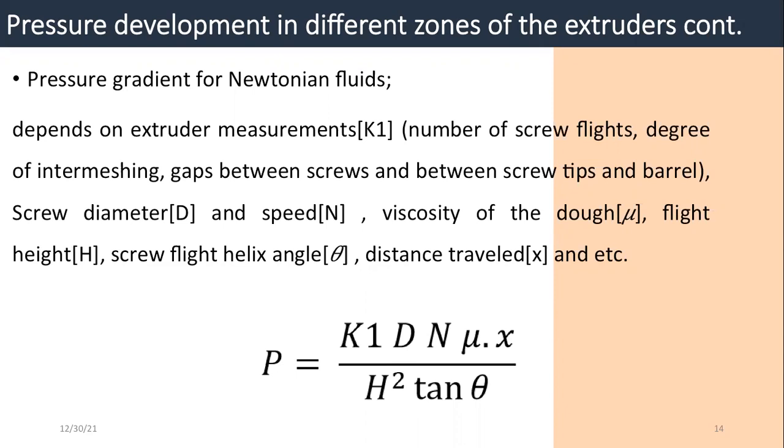Screw flight, helix angle. You know all these words now, right? Distance traveled, everything you know. So you can practice this equation by using your own examples. You will have some equations and you have to design some extruders in your exams. So please study these things by using your examples.